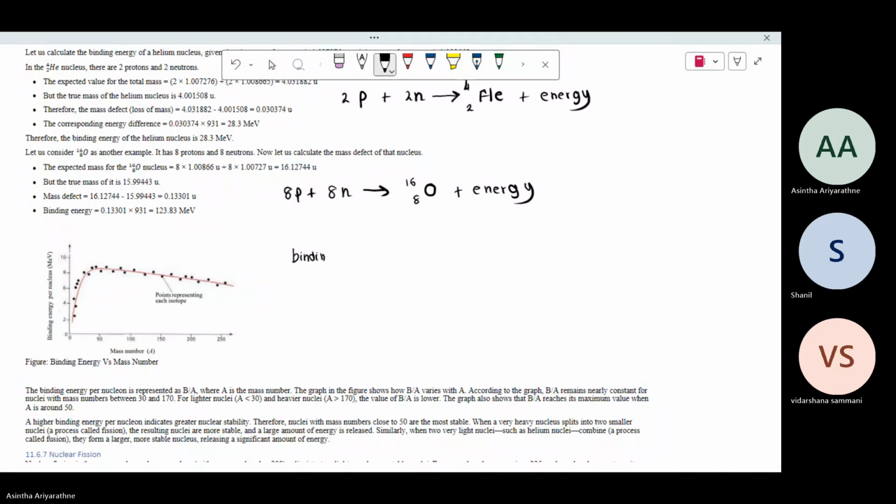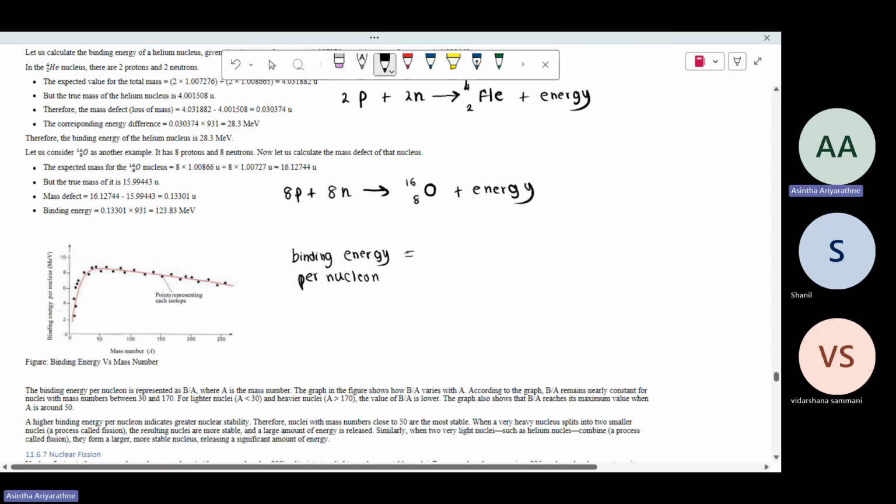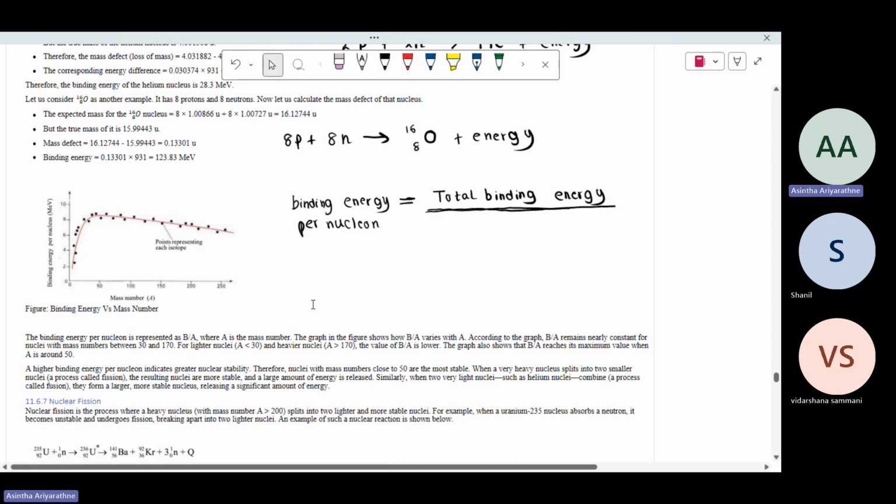Binding energy per nucleon is the total binding energy that we found earlier, divided by the number of nucleons. Here our total binding energy for helium is 28.3.